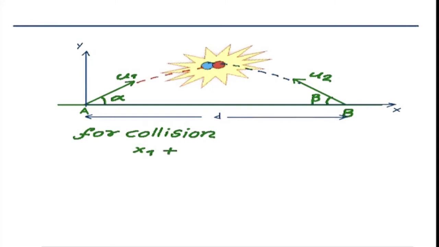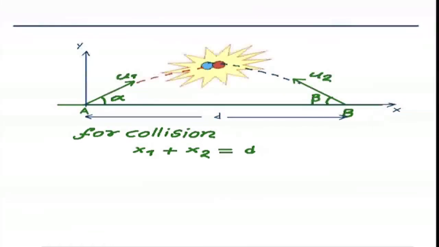If x1 is the x displacement of projectile 1 from the point of projection, and x2 be the x position of the projectile number 2 from its own point of projection, then x1 plus x2 must be equal to the distance, the initial distance between the two projectiles.